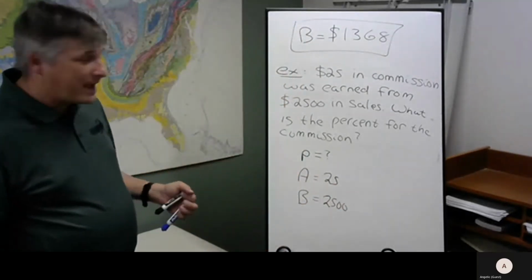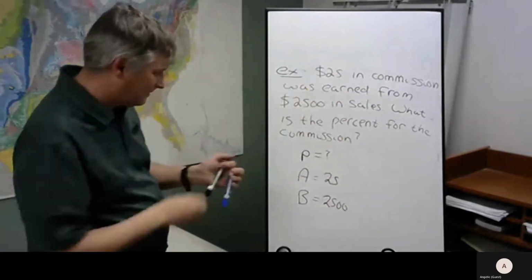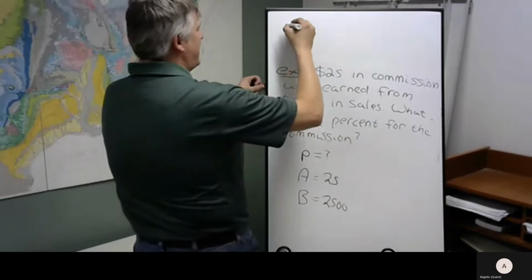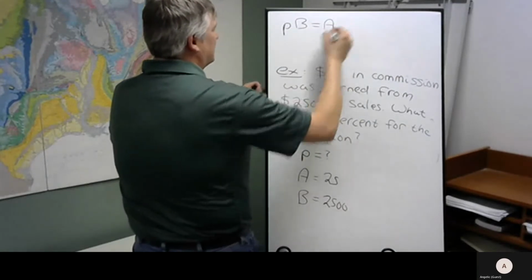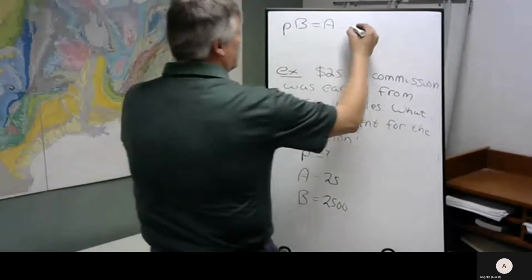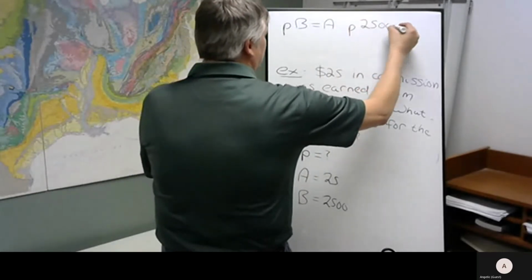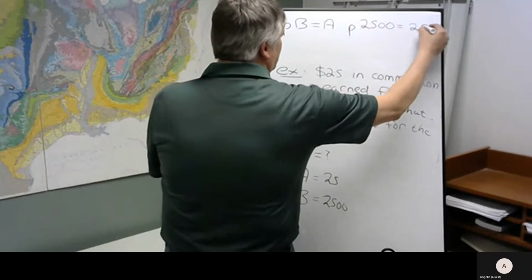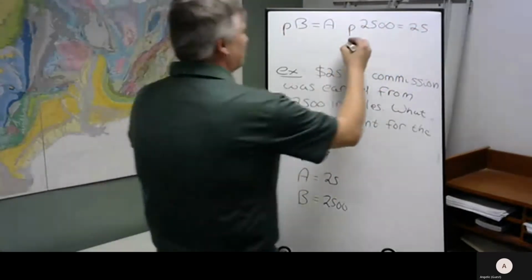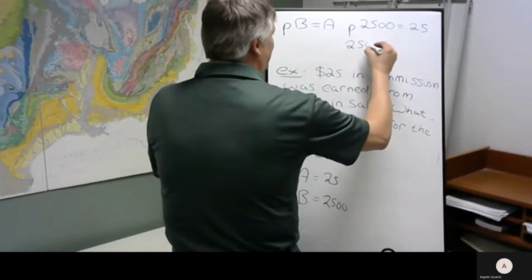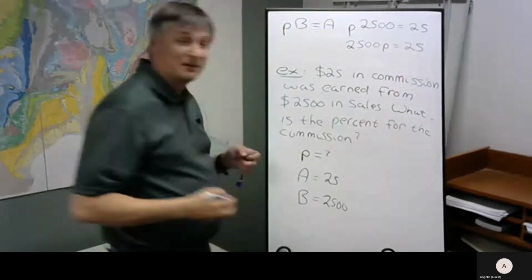So now that we have this, we have our PB equals A, or P times 2,500 equals 25. Or to write it more canonically, we always put the variable behind the number.